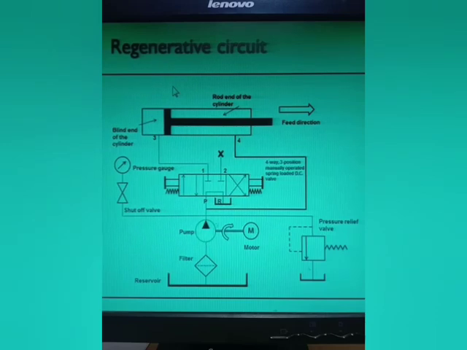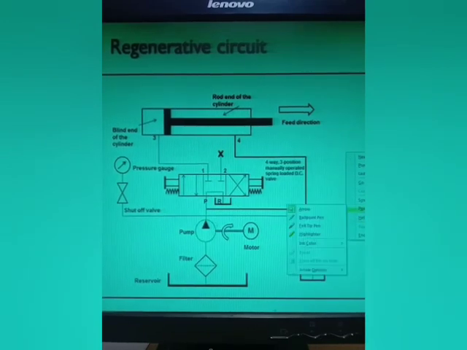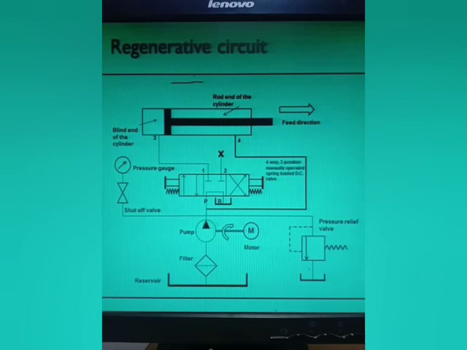Suppose this is the forward motion of the actuator, and I want to increase its speed. Then I have to supply more oil from the pump, and when more oil is required, ultimately I have to increase the capacity of the pump, right?